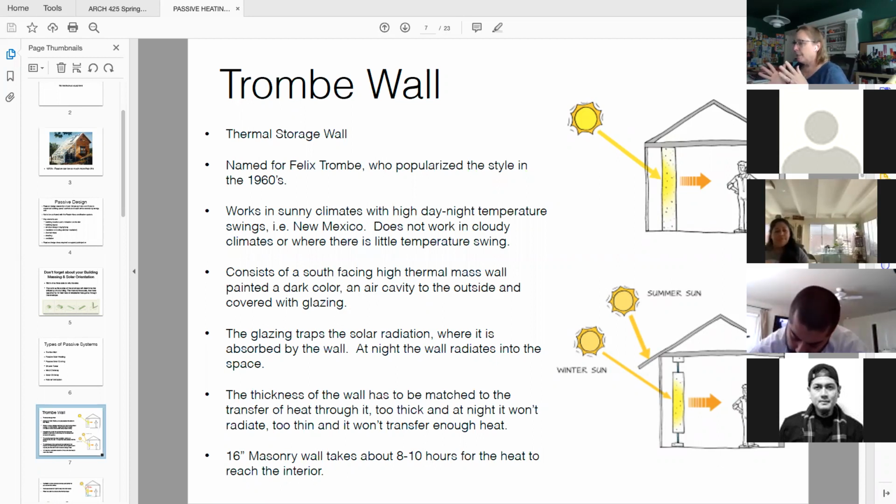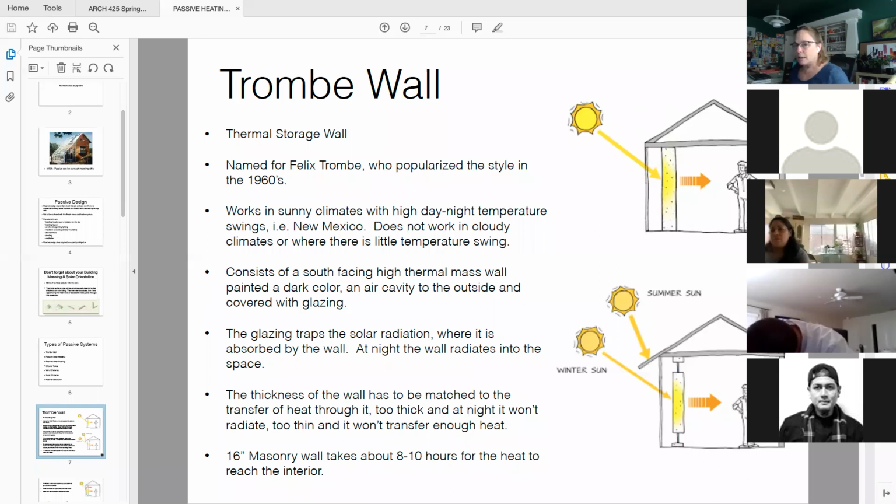Okay, so once the heat gain or the direct gain is in that airspace, it's going to be absorbed by the thermal mass. A key part of the design for that thermal mass is the thickness, and you need to match your thickness to how long it's going to take that heat to transfer from the insulated space to the interior of your building. Different materials will transfer heat at different rates.